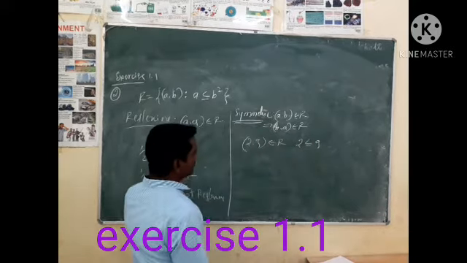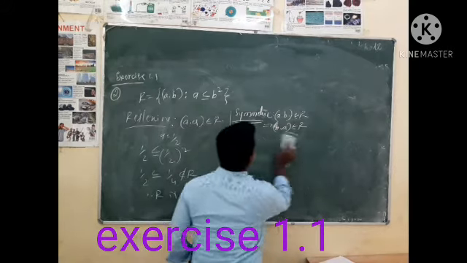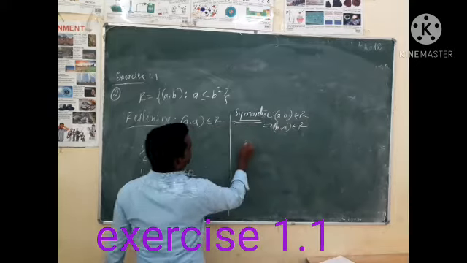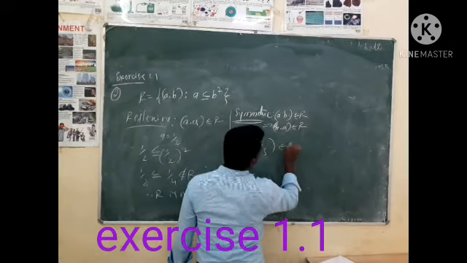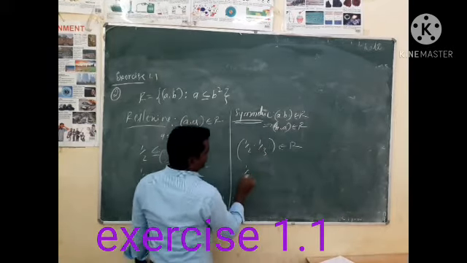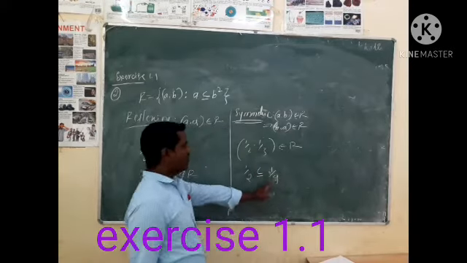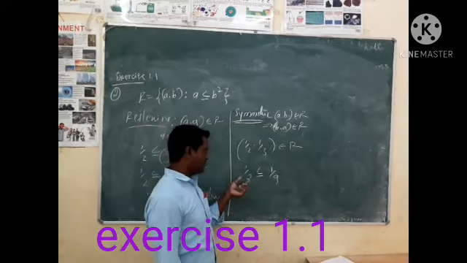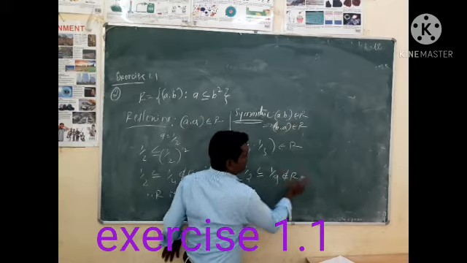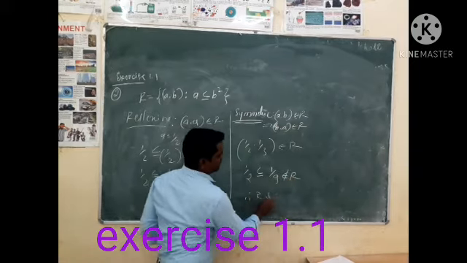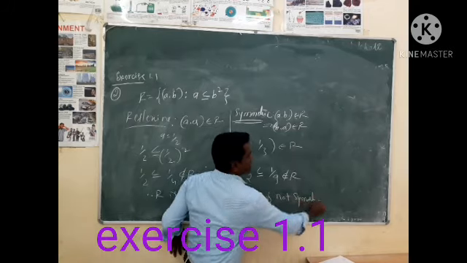Next, (1/2, 1/3) belongs to R if 1/2 ≤ 1/9. Here 1/9 is a very small number compared to 1/2. Therefore, this does not belong to R. Therefore, R is not symmetric.